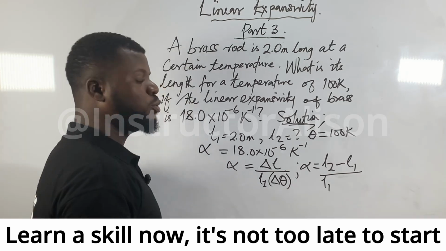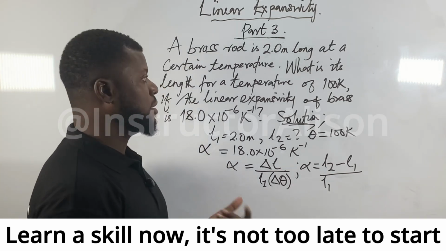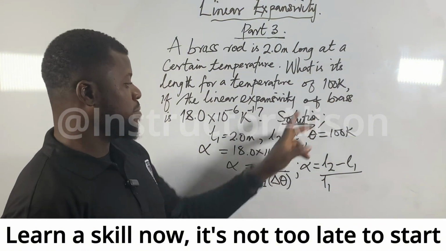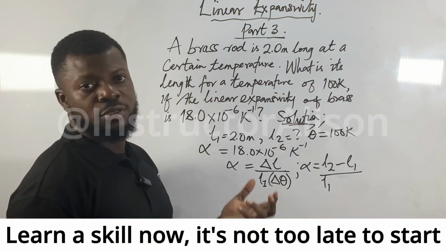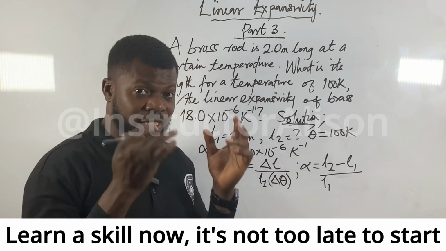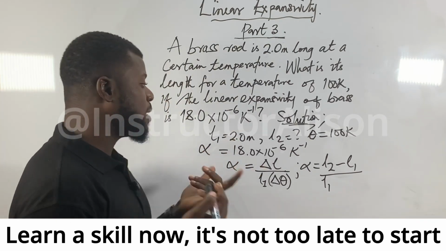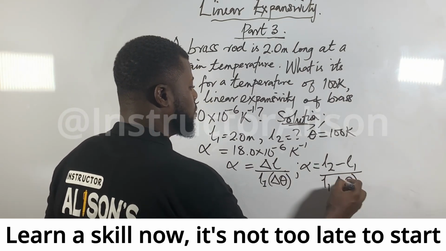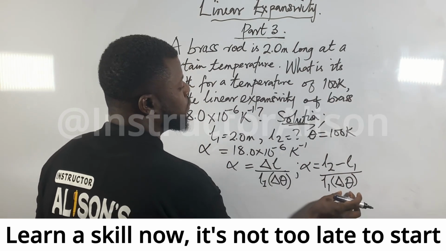This theta, you do not need to do theta 2 minus theta 1. If you want to do like that, theta 2 is 100 minus theta 1 which is 0, they did not give us, so you still get the same 100 Kelvin. In case they give you 2 temperatures, then you do the subtraction, but that is just 1 temperature now, taken as the change in temperature. We just carry this value and substitute it in this place.